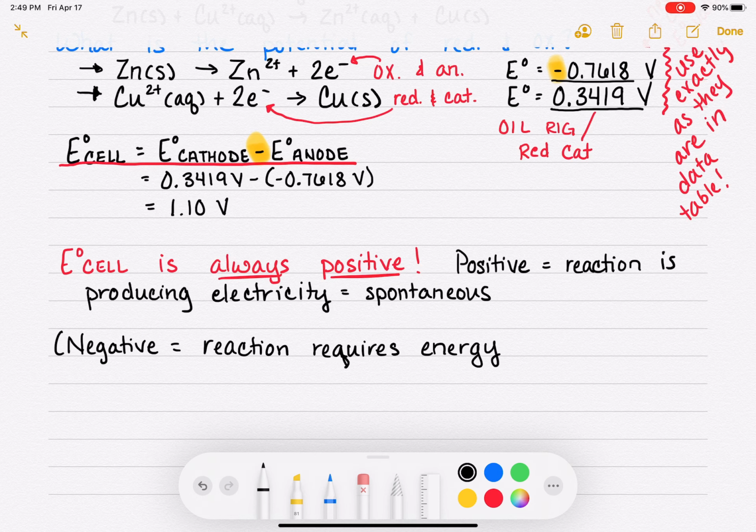It's not the same as a battery. It's not the same as a voltaic cell, a galvanic cell. This is a reaction that is non-spontaneous. So your E-cell numbers are always going to be positive.